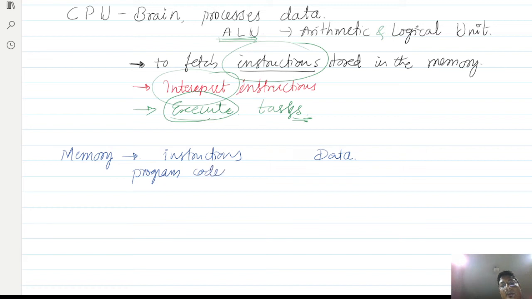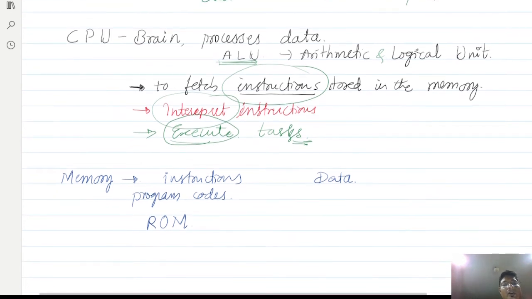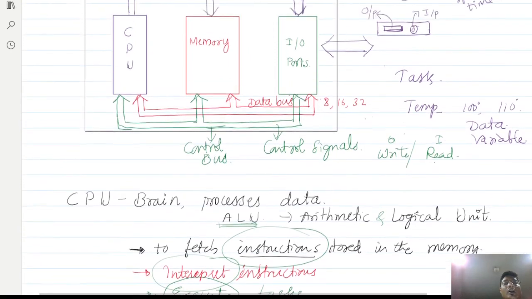Once programmed, these program codes have to remain in the microcontroller all the time till the appliance is used. Therefore, these program instructions are stored in a memory called read only memory, ROM. Whatever instructions or program codes are there will be stored in the ROM, and the CPU will access the instructions from the ROM depending upon what task it needs to perform.